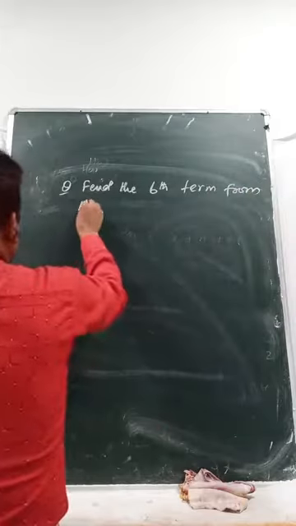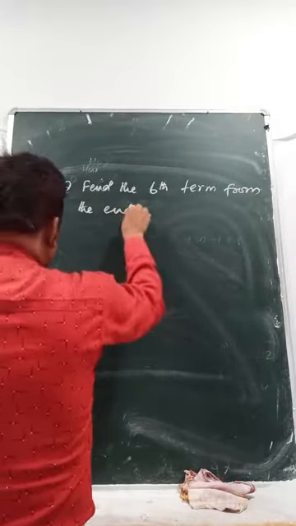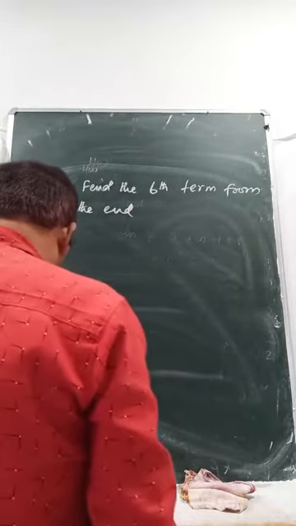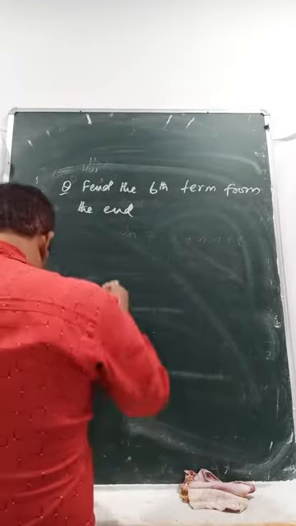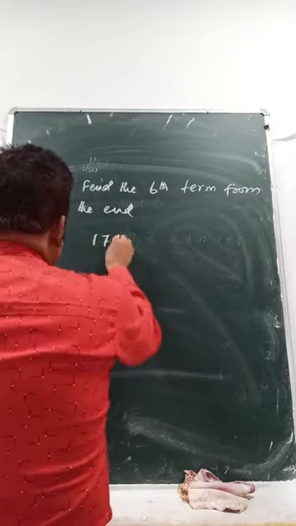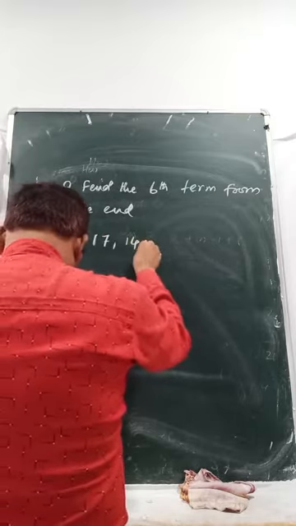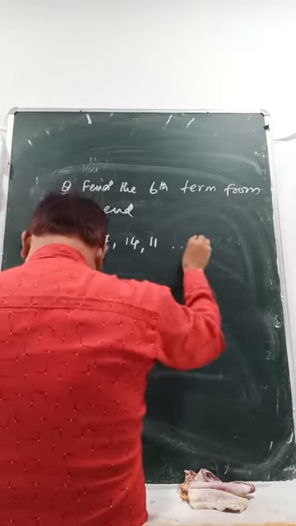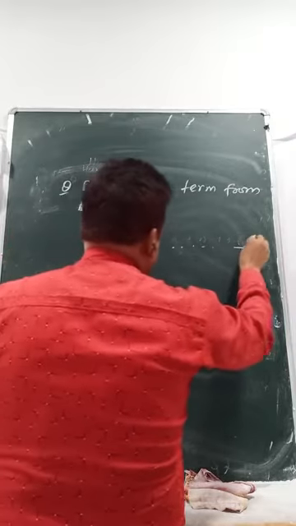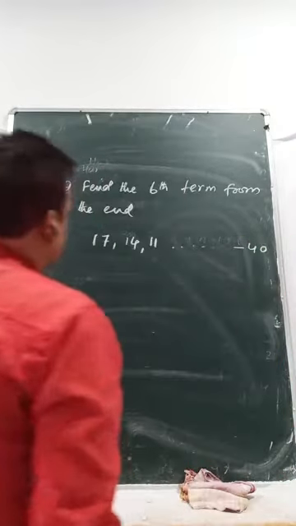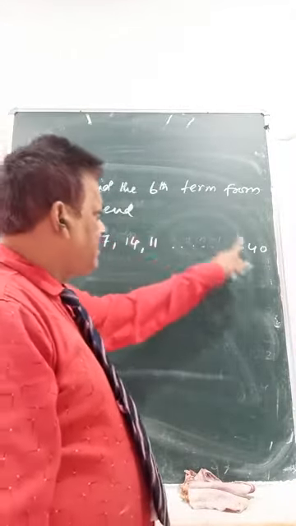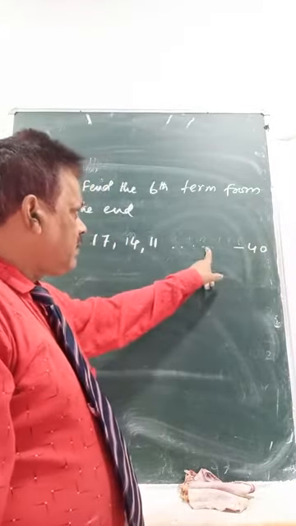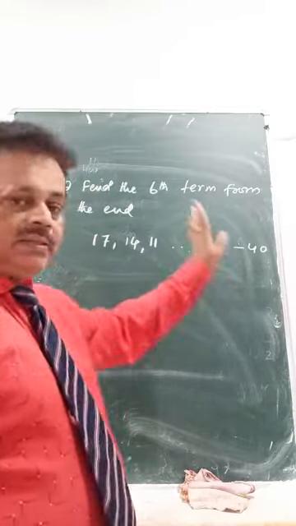What is the series given? 17, 14, 11, ..., minus 40. Means from this side you will find the sixth term, means first, second, third, fourth, fifth, sixth, like this.